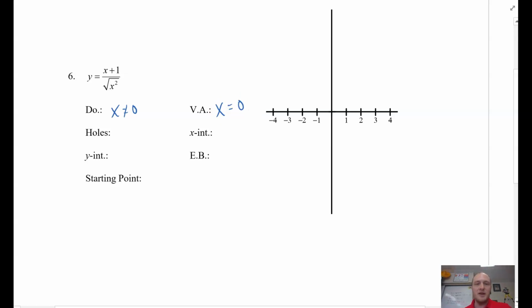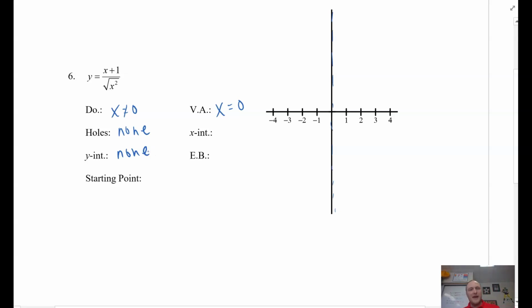Now, since we didn't have any factors that canceled, there are no holes, and because of our vertical asymptote here at x equals 0, and visually that's going to be right here, we're not going to have any y-intercepts. There will be none there as well.